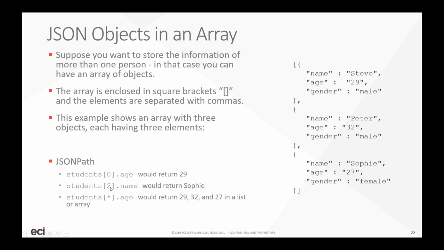If we ask for students in the second index, which would be the third person, that would actually be Sophie. And then if we put an asterisk in here, that would tell us to return the entire list. So give us the age of the entire list, and you would get a list that has all 3 ages, 29, 32, and 27.